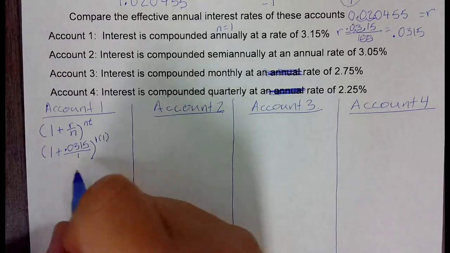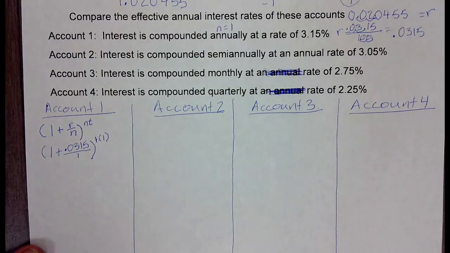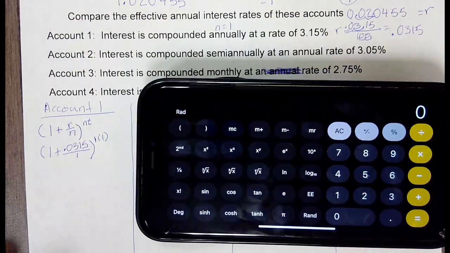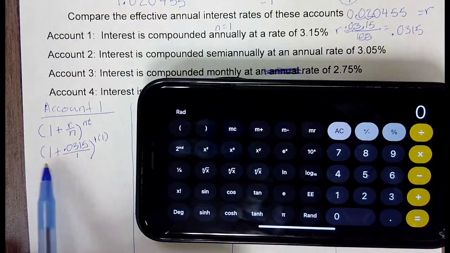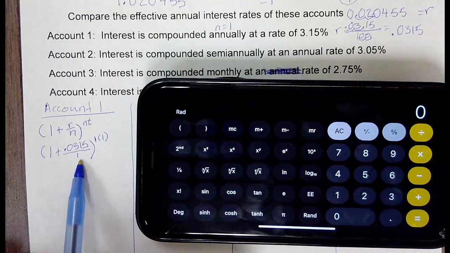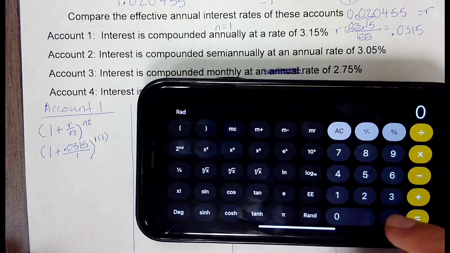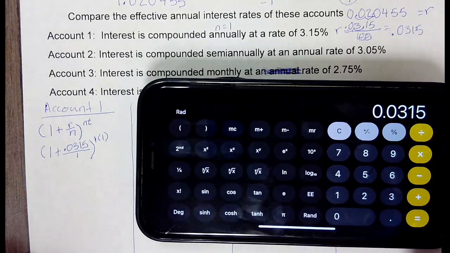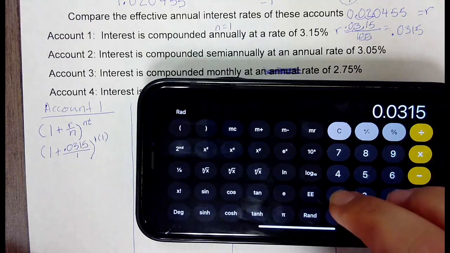So I'm going to go ahead and calculate here. Bring the calculator over. Order of operations says I'm going to do parentheses first, and the division inside the parentheses is 0.0315 divided by 1. Anything divided by 1 is itself, so I have the same thing, plus 1.